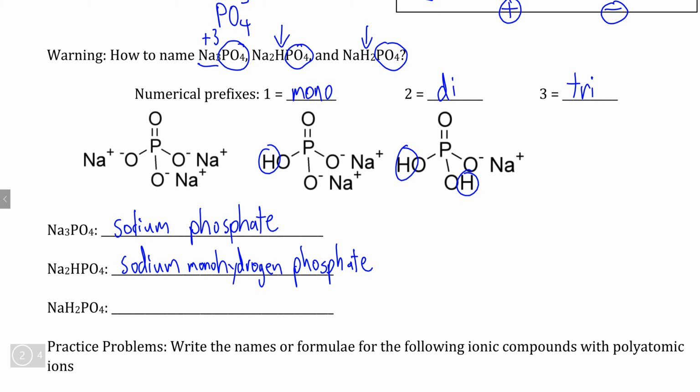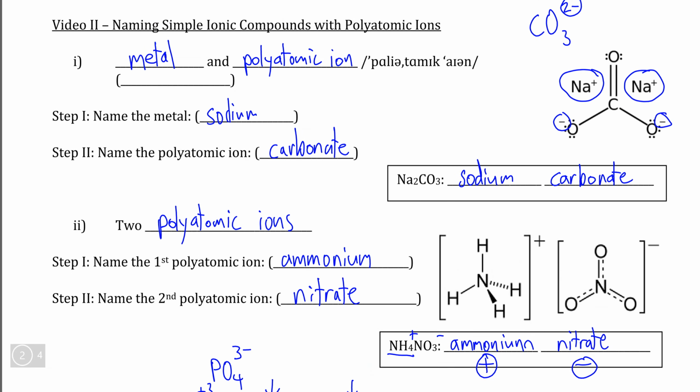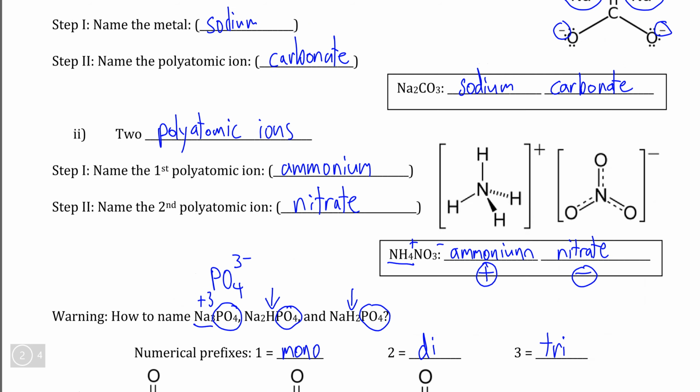And then with the third one here, again, our cation is sodium, our polyatomic anion is phosphate, and there is a hydrogen within the structure, but instead of only having 1, we have 2. So in this case, we would add the prefix di here, so that the rather complicated sounding name is sodium dihydrogen phosphate.